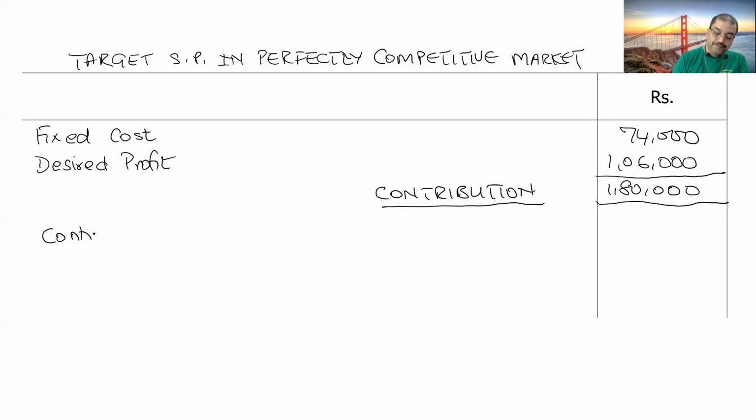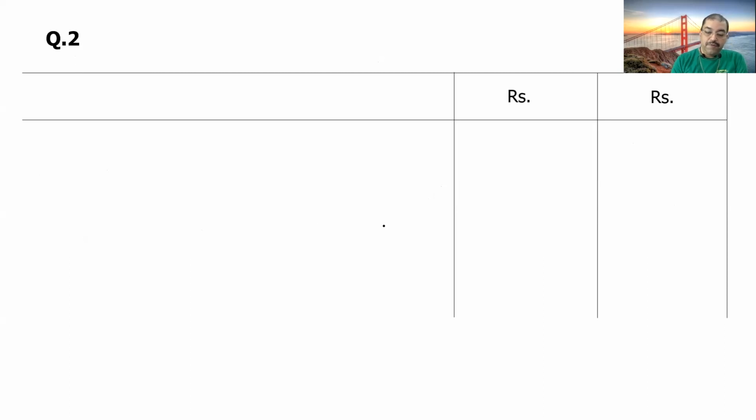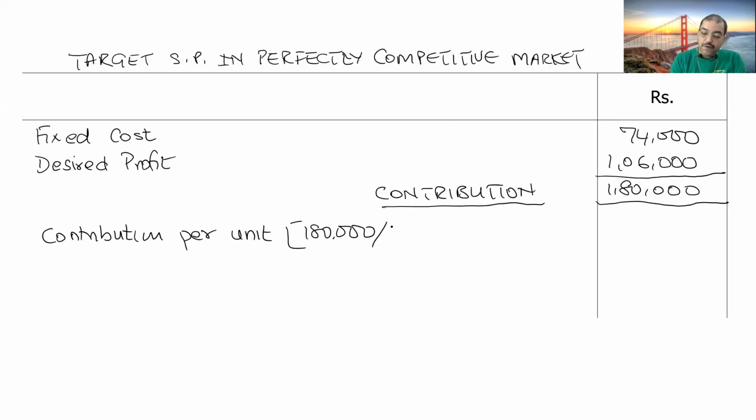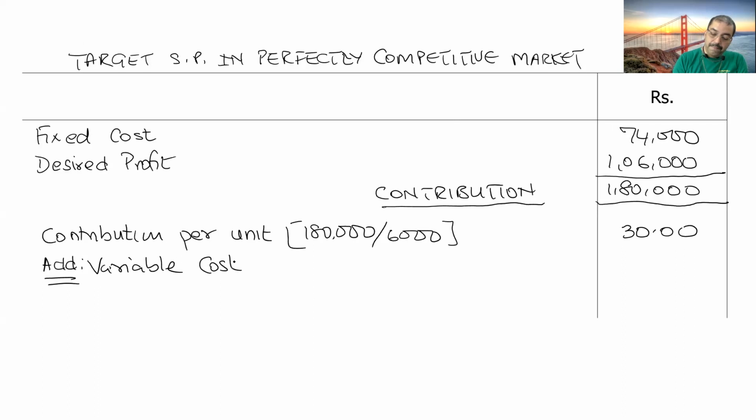Contribution per unit is 1,80,000 divided by the number of units to be sold in the perfectly competitive market, 6,000 units. So that comes to 30 rupees. Add variable cost per unit, which we have calculated in the earlier part. Variable cost per unit figure is not going to change.